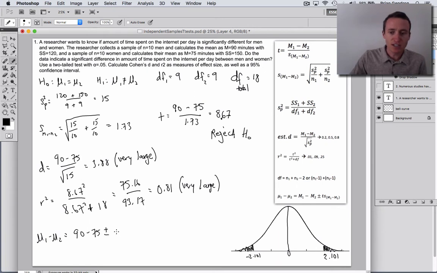Make sure you use your t critical value from the table, which was 2.101, and multiply that by your estimated standard error of 1.73. So 15 plus and minus 3.63.